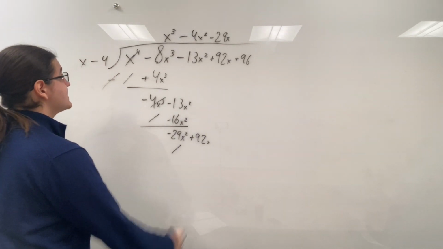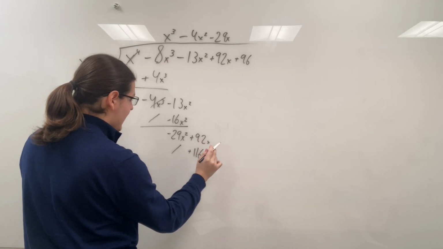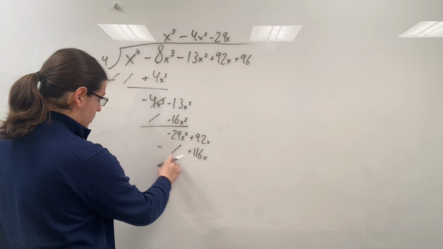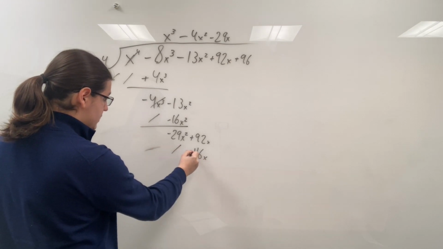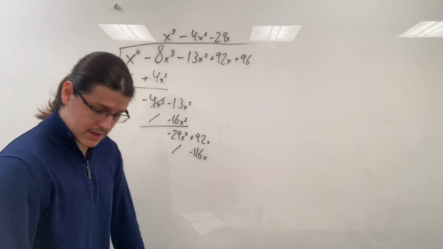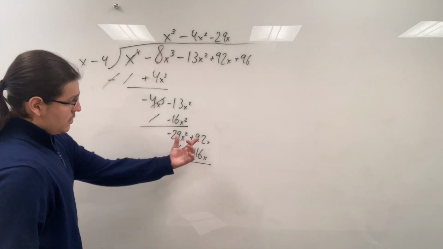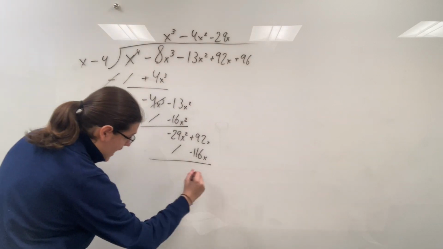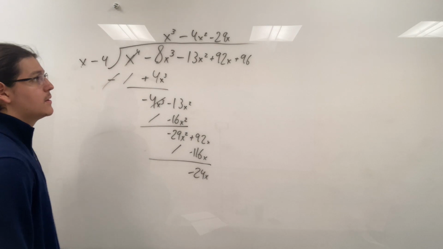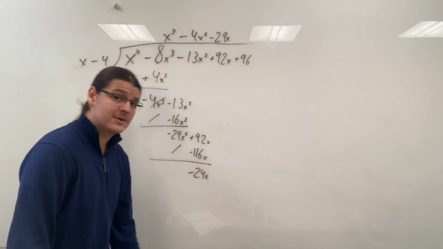Yeah, 116, positive 116x. Now we are going to subtract by the whole term, so this changes into a subtraction. Now this, 92, I can't do that. Oh yes, very nice. Subtract through, we will get minus 24x. Do you see this? Are you picking up what I'm putting down?